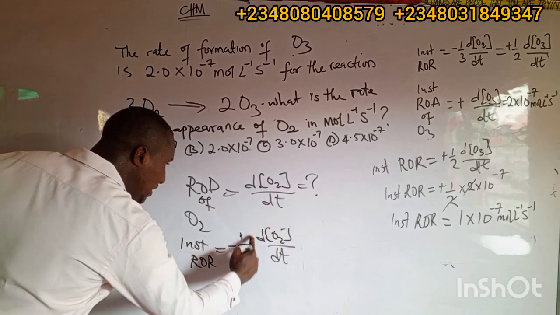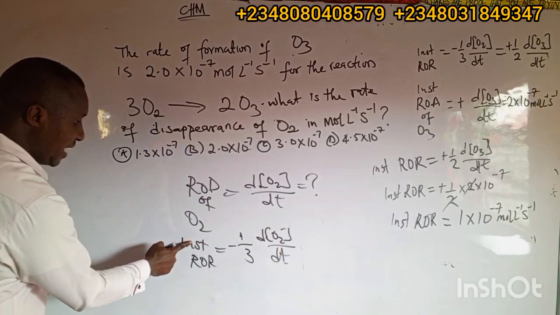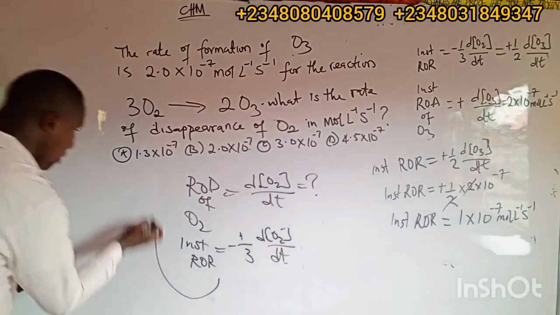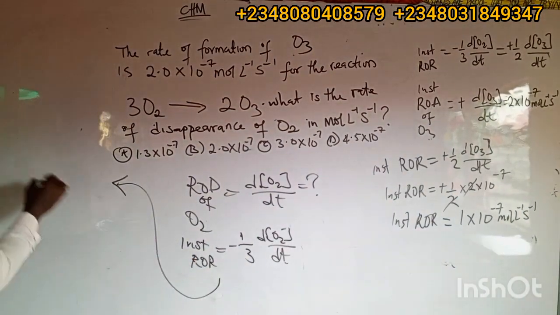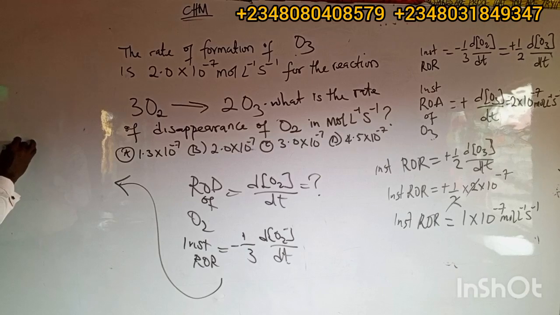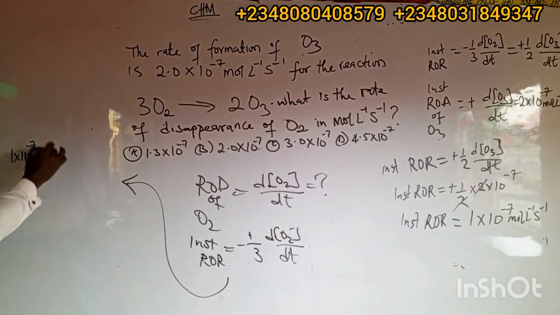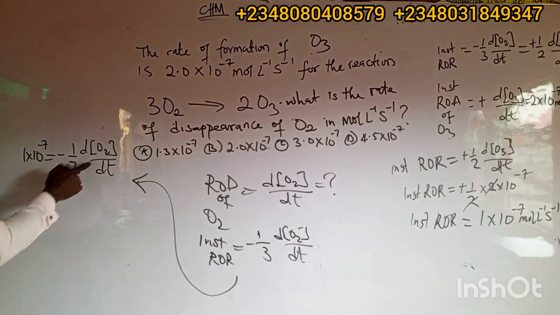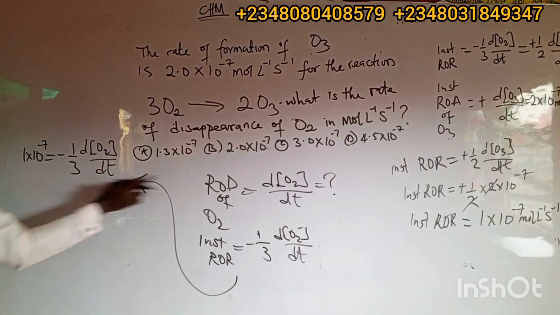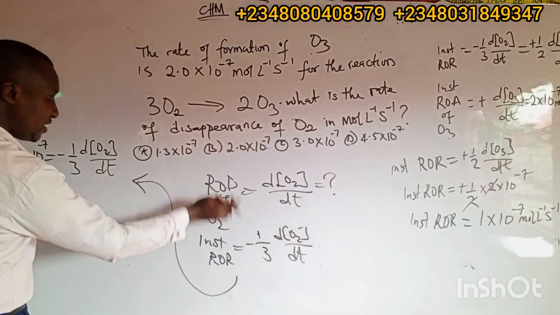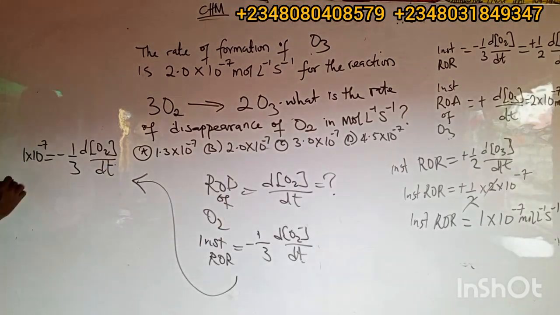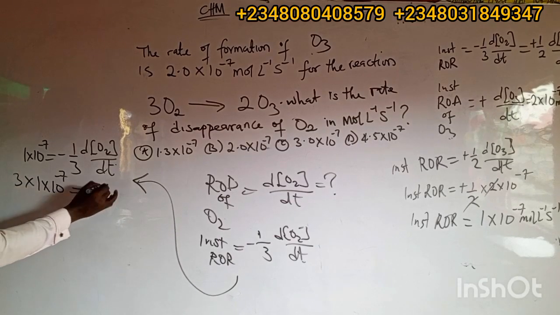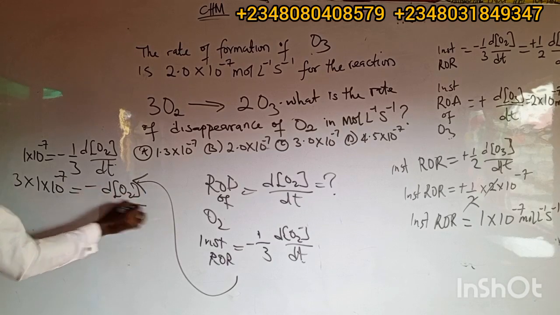The instantaneous rate of reaction has been calculated as 1 times 10 raised to the power minus 7, equal to minus 1 over 3 dO2/dt. They want you to find this one only, the rate of disappearance of oxygen gas. So 3 times 1 times 10 raised to the power minus 7 equals minus dO2/dt.